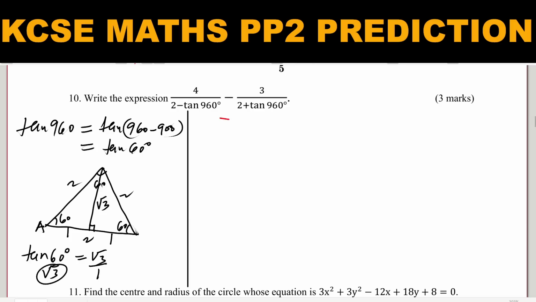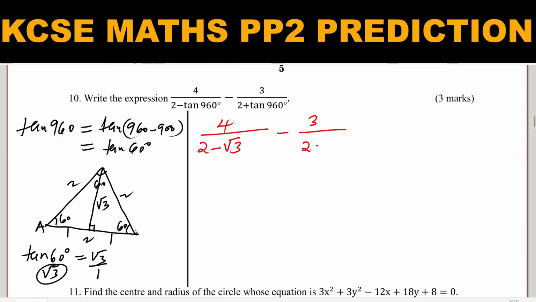So after getting that, now we can substitute it here. So we now have 4 divided by 2 subtract tan of 60. We have already established tan of 960 is the same as tan of 60 degrees, which is root of 3. Subtract 3 divided by 2 plus tangent of these.